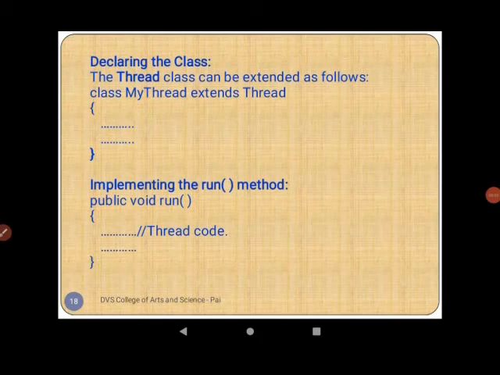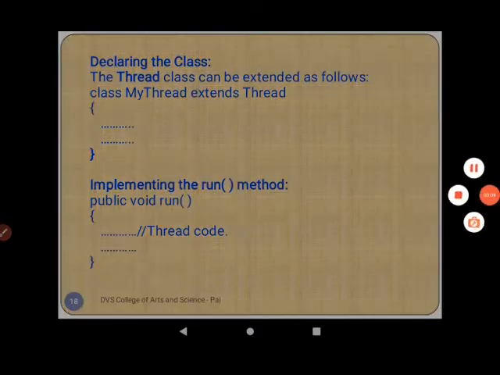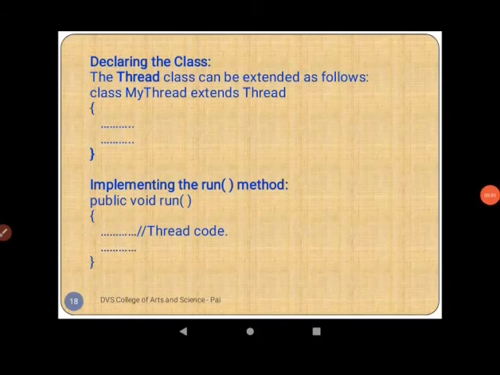Let us have a look at an example program. Declaring the class. The thread class can be extended as follows. Class myThread extends Thread. Now class myThread is inheriting the properties of the thread class. Implement the run method as shown below within the myThread class.